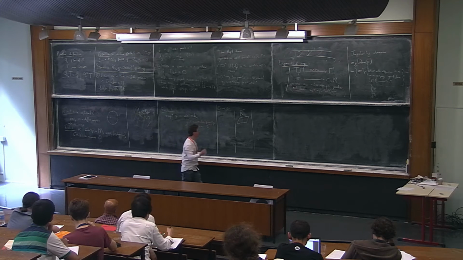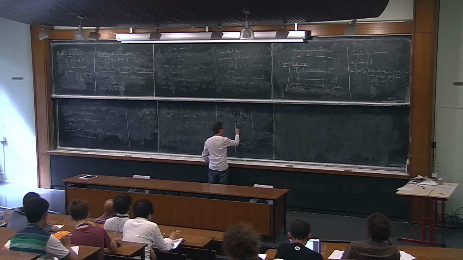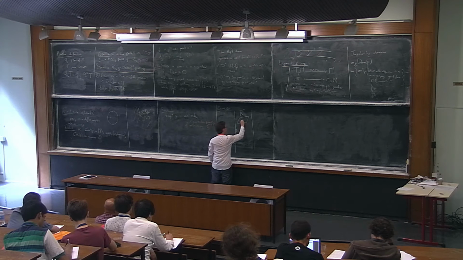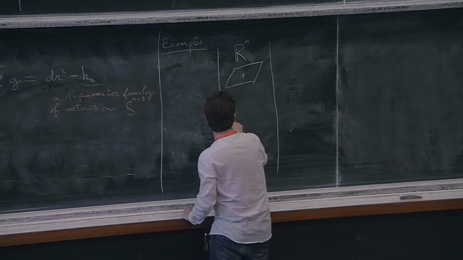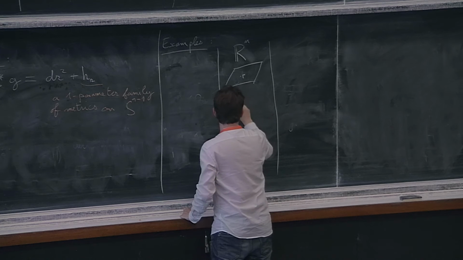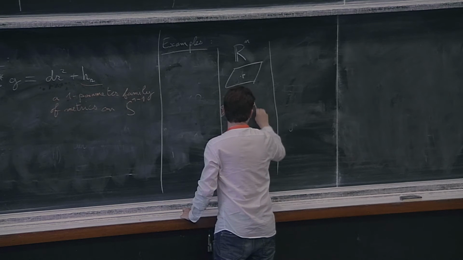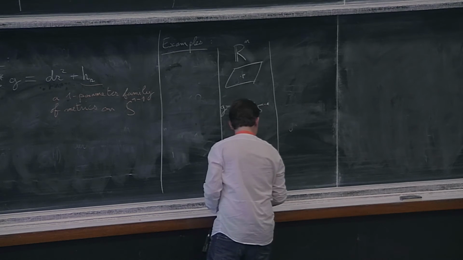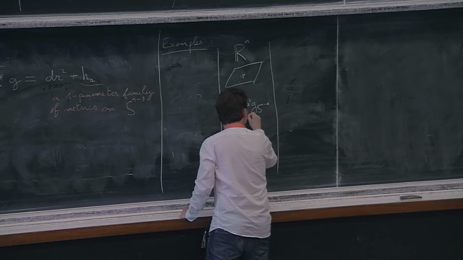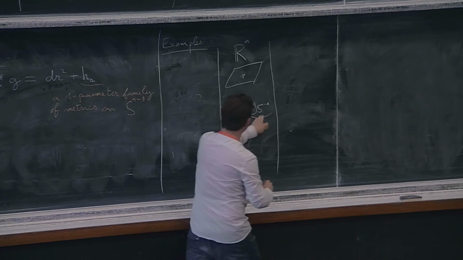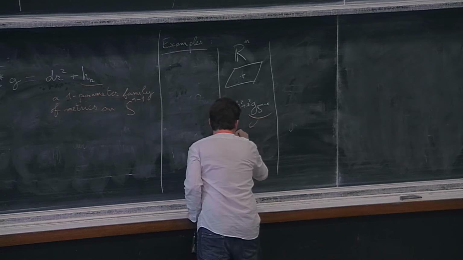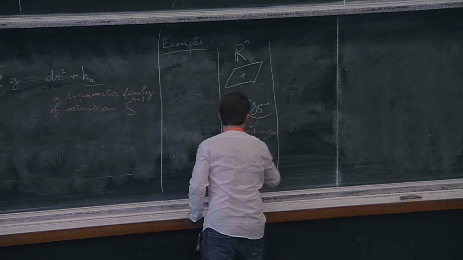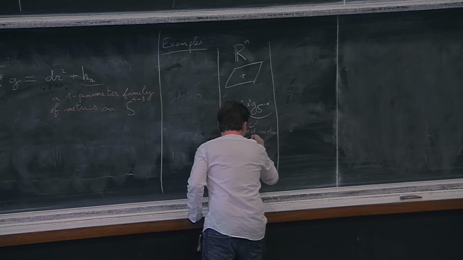It will give the following: exp_p star of g, centered at some p, is equal to dr squared plus r squared, so yeah, I'm cheating a little bit, but once we have gone further, we will know what this is. This is the round metric on S^(n-1).